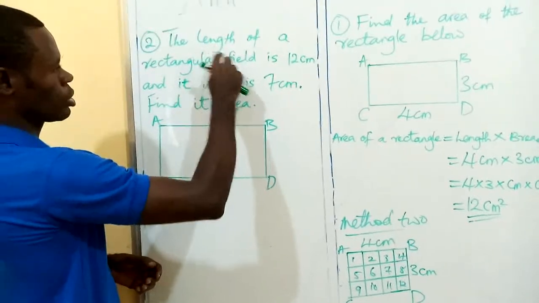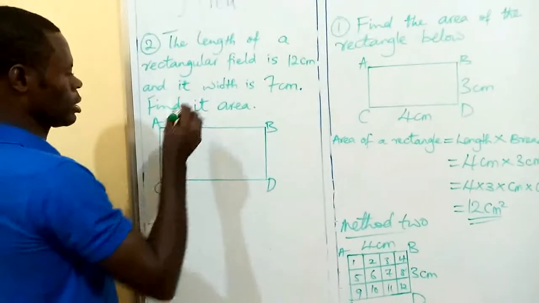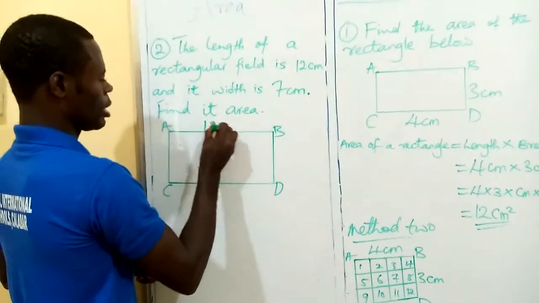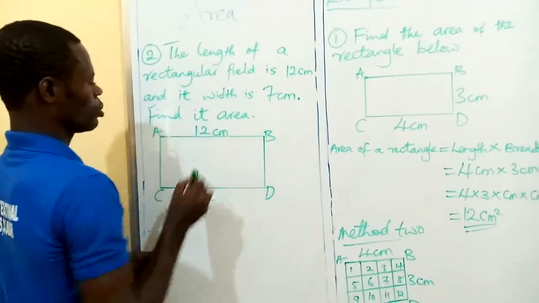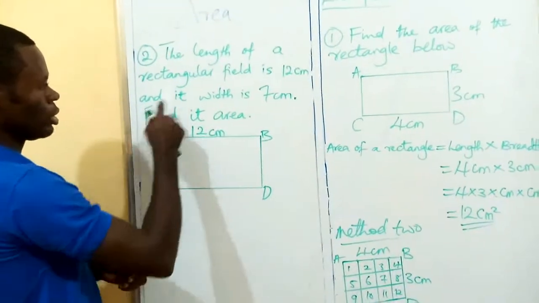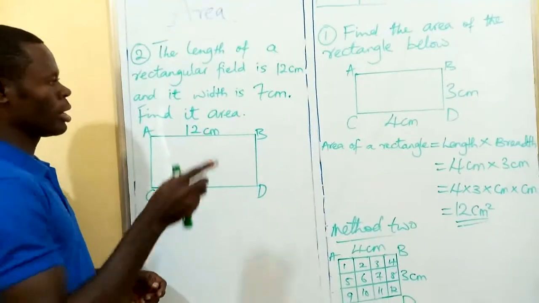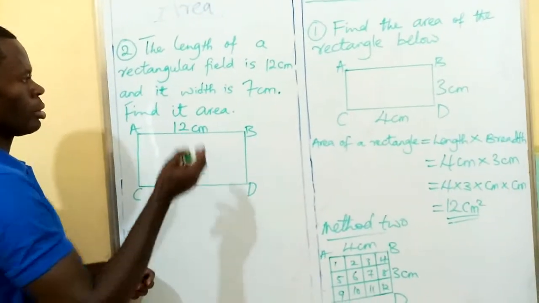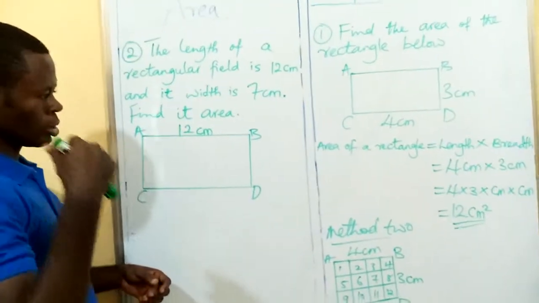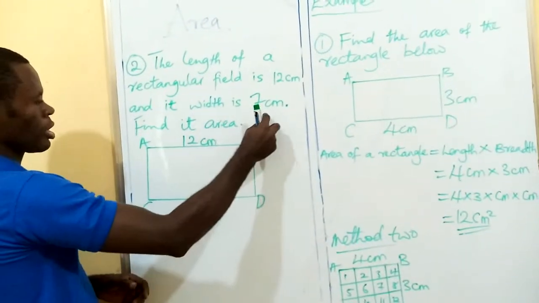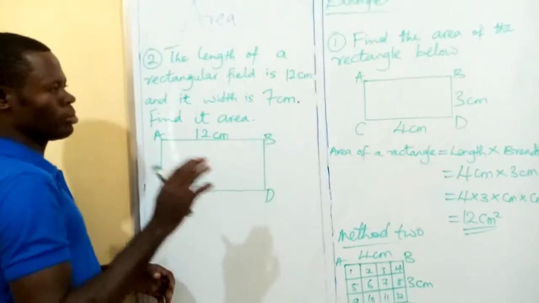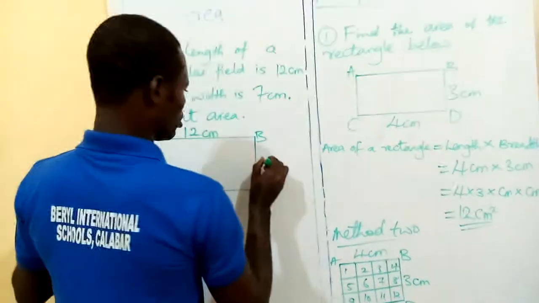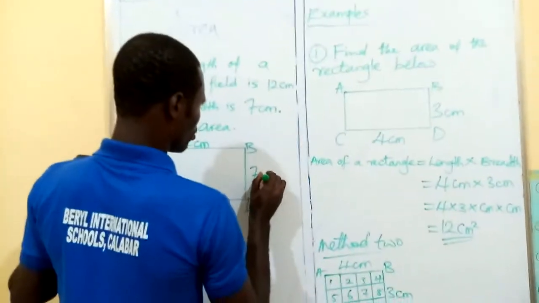The length is what? 12 centimeters. That means this is the length. And its width, remember I told you earlier that width also stands for breadth. You either use width or you use what? Breadth. So the width is 7 centimeters. That means the breadth is 7 centimeters based on our formula.